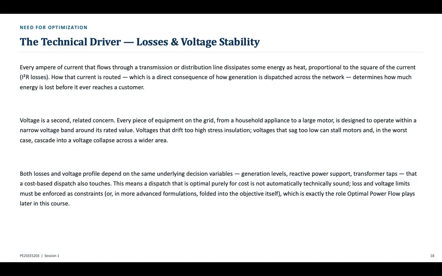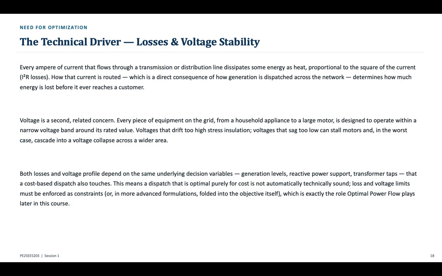These are the consequences. See, both losses and voltage profile depend upon the same underlying decision variables, that is generation levels, reactive power support, and transformer taps. That cost-based dispatch also touches here. This means a dispatch that is optimal purely for cost is not automatically technically sound.